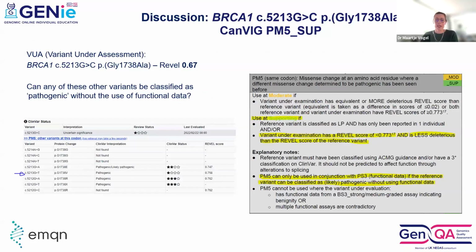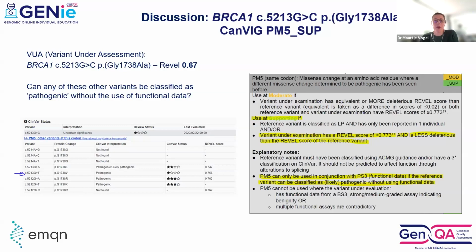So how do we get to PM5 supporting? Well, the question is, are there any other missense variants at this position which have been classified as likely pathogenic or pathogenic that we can use? So the first thing that you need is the REVEL score of the variant under assessment, or variant under examination, as it is called in the CANFIG guidelines.